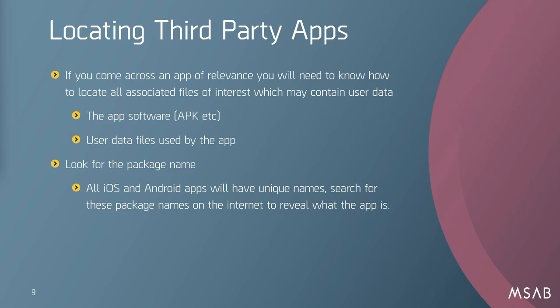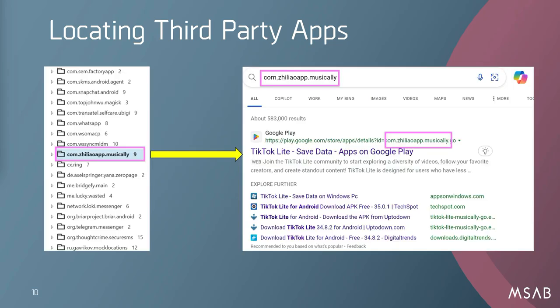But all iOS and Android applications are going to have unique names. Search for those package names on the internet. And what do I mean by that? So you can see here on the left hand side of the screen, some of the package names are very nice. org.telegram, probably going to be Telegram. com.whatsapp, likely to be WhatsApp.